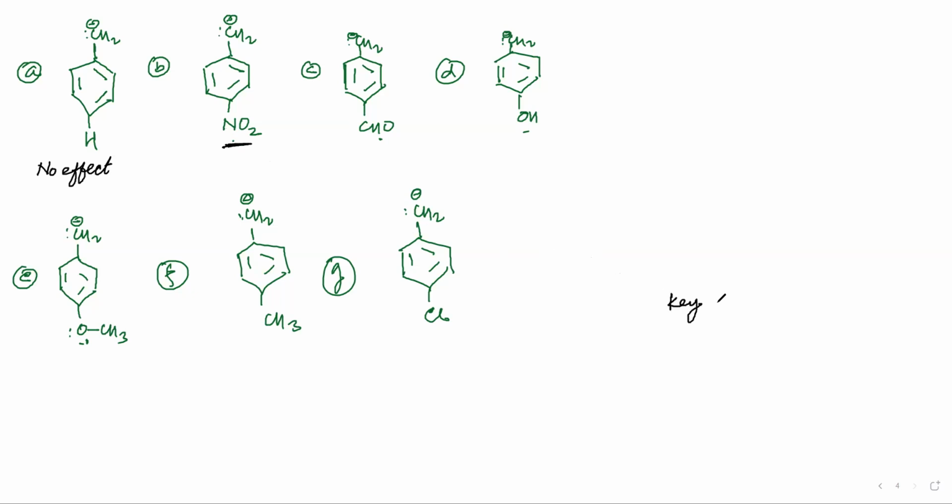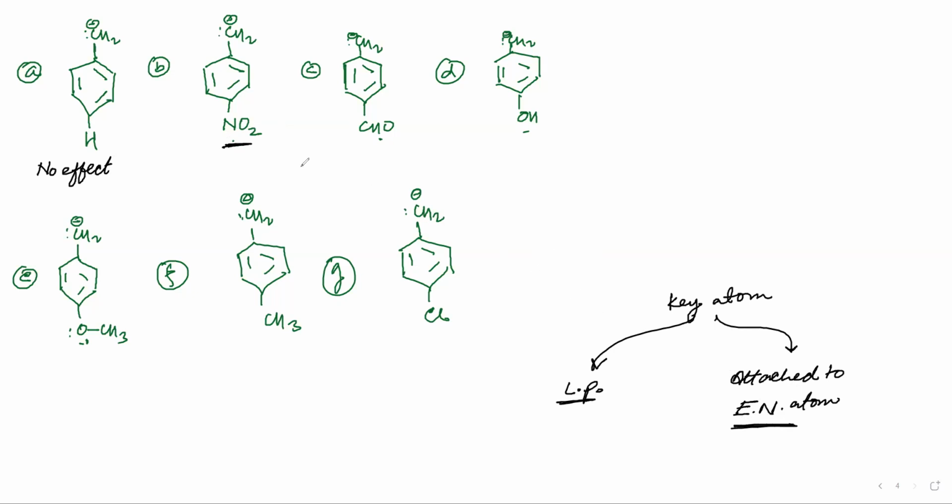Key atom, if it has a lone pair, or it can be attached to an electronegative atom. Now you tell me which one is true? NO2 is attached to an electronegative atom, right? Oxygen, hence it is minus M. I have written minus M groups or minus R groups. Can you see that? Can you open your notebook and see that, please?